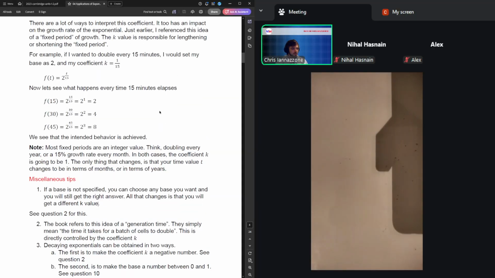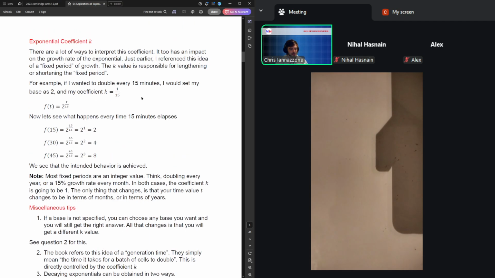Because if you think about what's happening, both k and the base both contribute to growth. K, in this case being a fraction, is slowing things down, but it could just as easily be a whole number. It could be like 3t. So now t takes a third of the time to loop over to the next integer rather than longer. Similar with the base, you could choose the base to be bigger, but you would compensate that with a smaller coefficient.